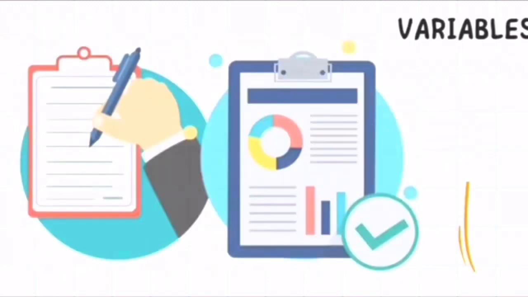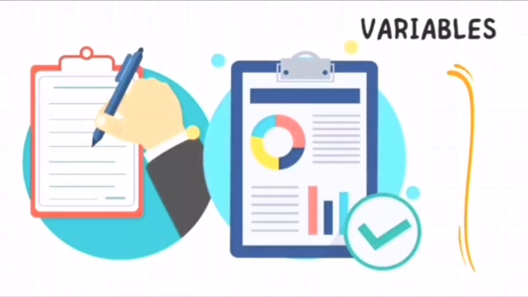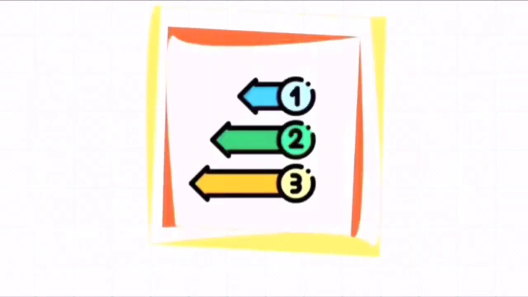From variables, normally we will make a partial observation of the elements of the population, and they can be classified as follows. Qualitative variables or attributes. These describe qualities and do not take numerical values. Examples: level of studies, months of the year, classifying a piece as acceptable or defective.